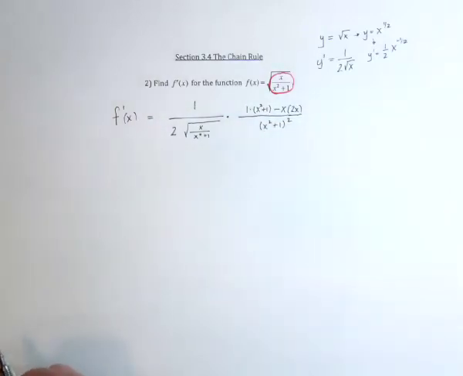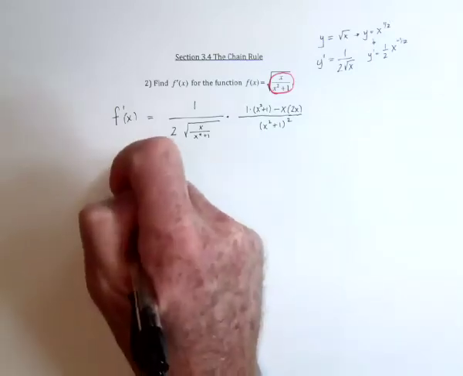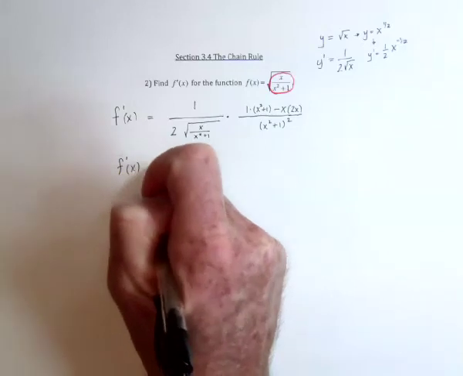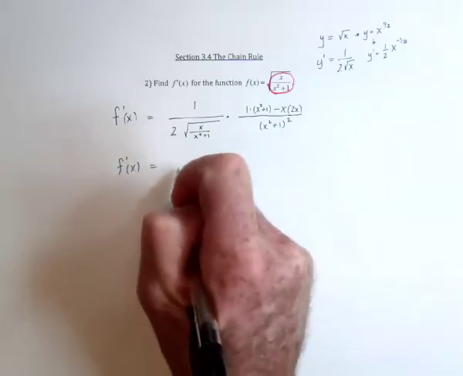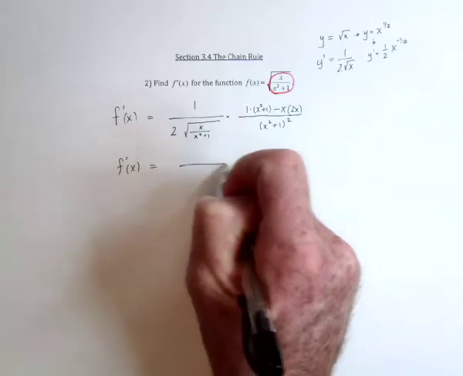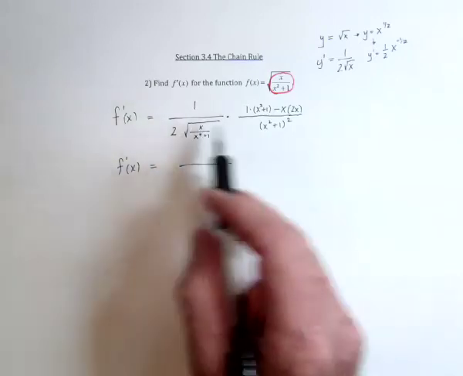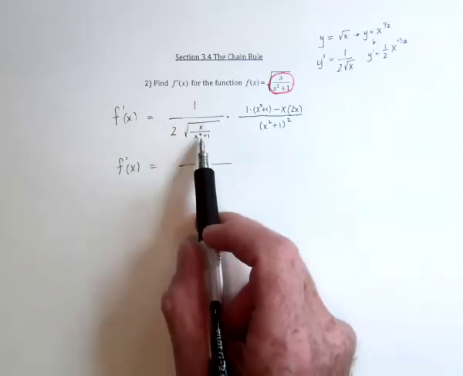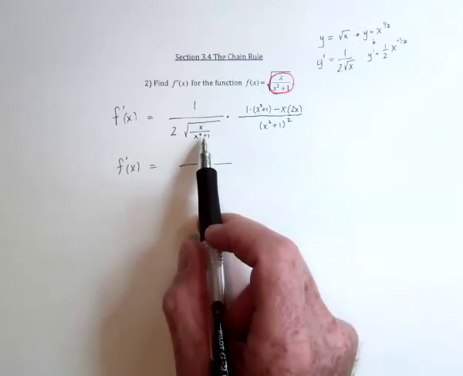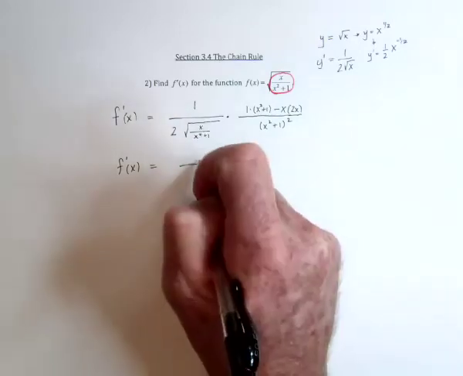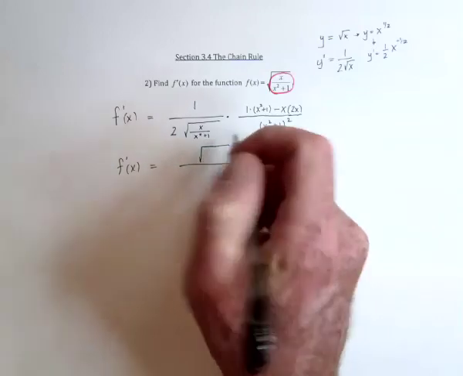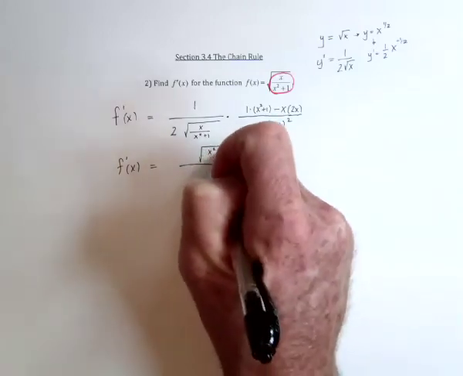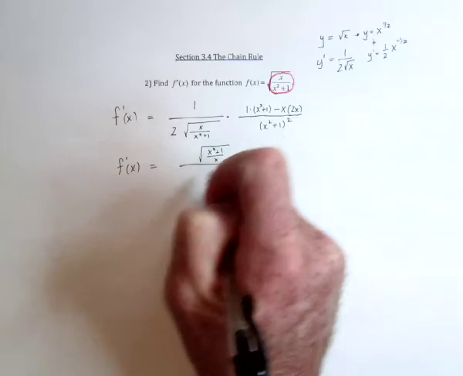Now we just need to do some algebra to clean this up. The derivative is equal to, so I want to be able to make one big fraction since it's the product of two fractions. 1 divided by a fraction means invert this fraction, so this can be inverted and moved to the top. Inverted, it would look like the square root of x squared plus 1 over x.